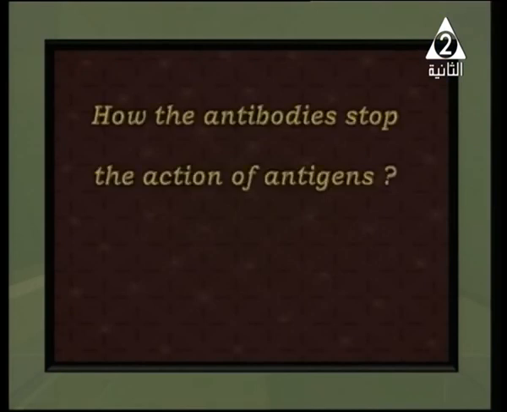And after that, we need to know how the antibodies stop the action of the antigen. Remember, we have two or three different mechanisms for stopping the action of the antigens.